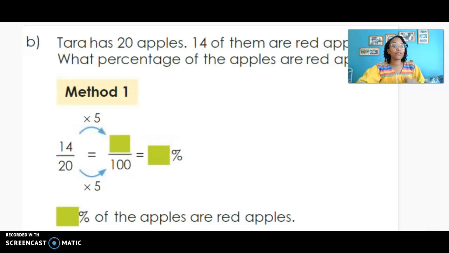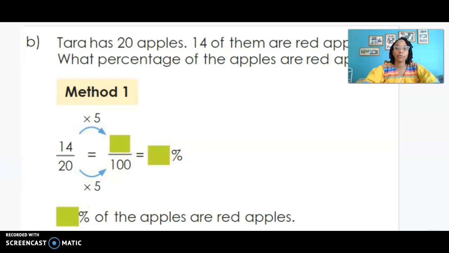Tara has 20 apples, 14 of them are red apples. You guys have seen this problem before. Remember that when we are doing a fraction out of a number that is not 100, we're using these equivalent fractions. So we had 14 out of 20 on our left side. And here we've decided to multiply by 5, because 20 times 5 is 100, to find the fraction over a denominator of 100, or out of 100.